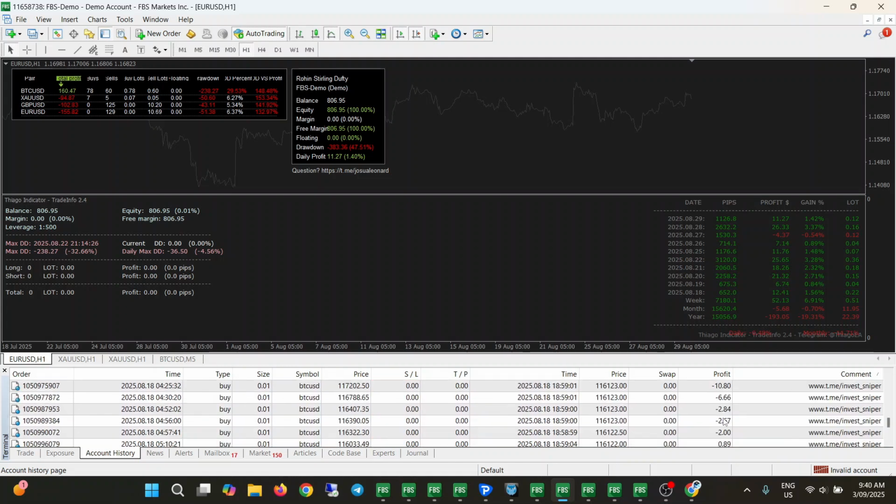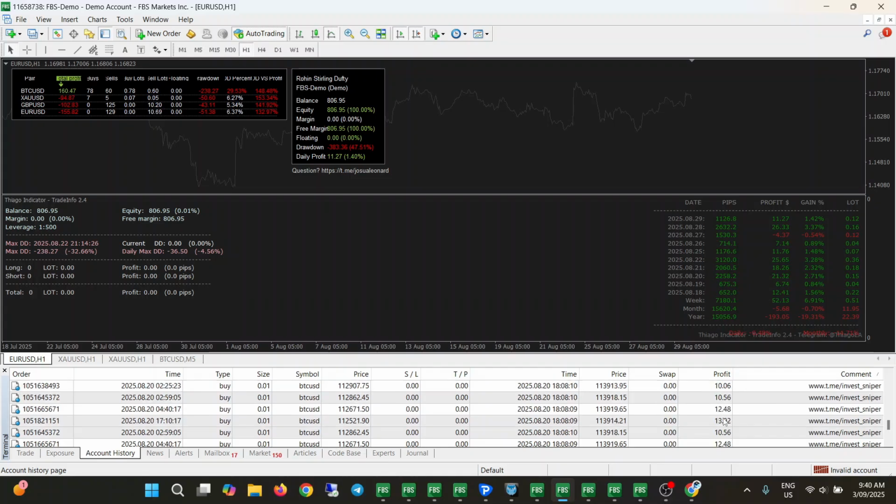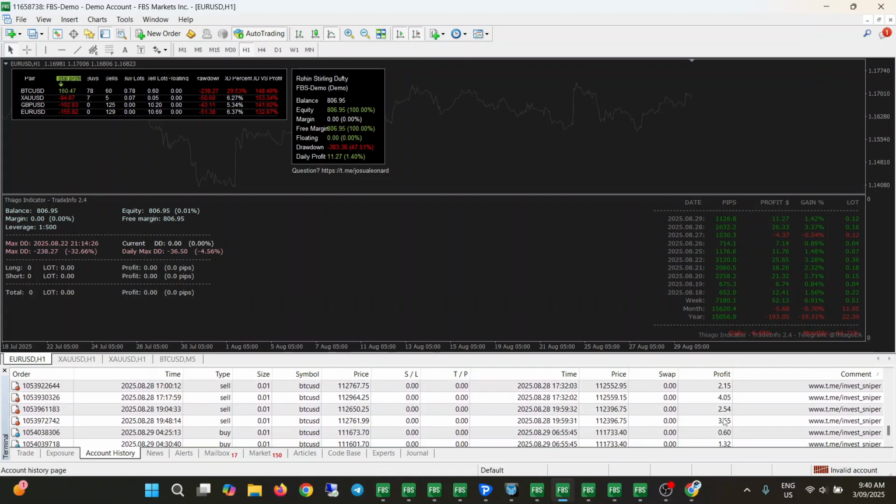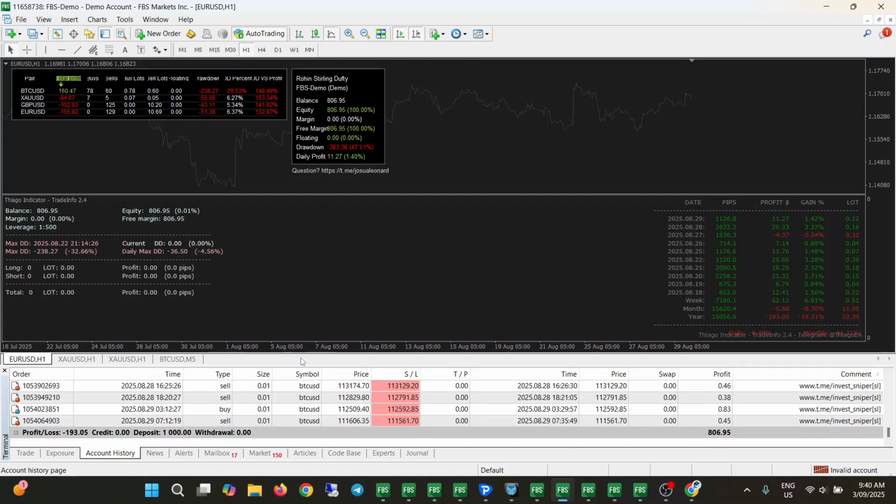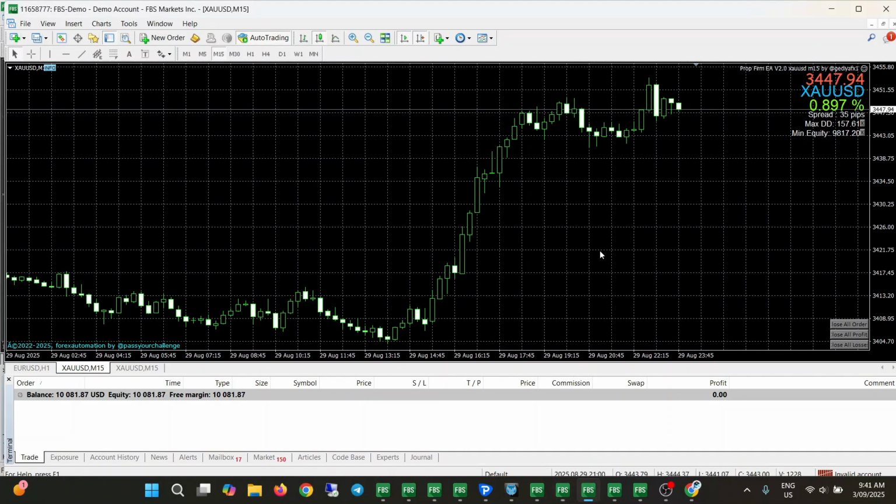You can see at the end here, it was trading pretty consistently, and there we go. So it's not a very good test to show how good it went, but it is a good robot, so I can recommend it. Let me know if you want me to test that one by itself.